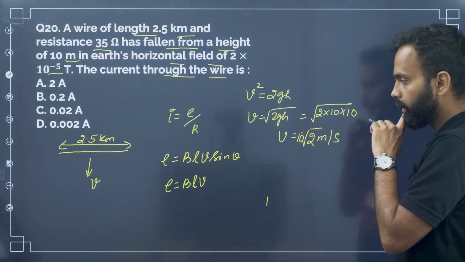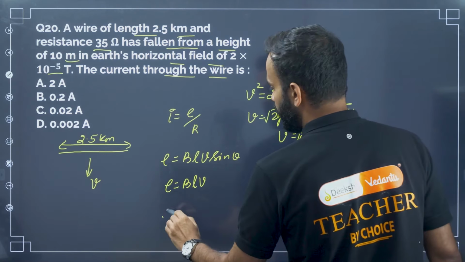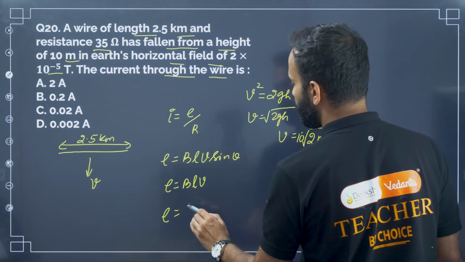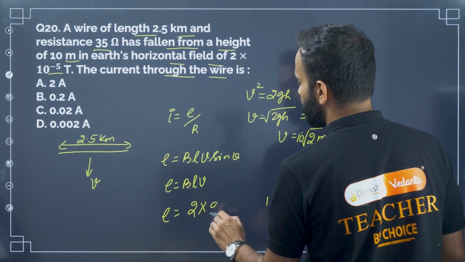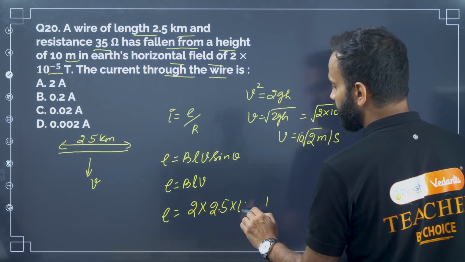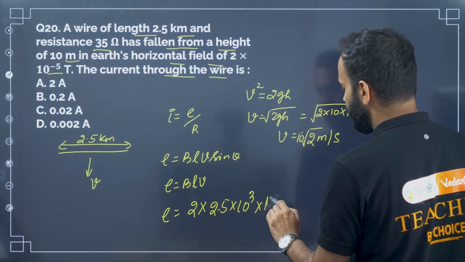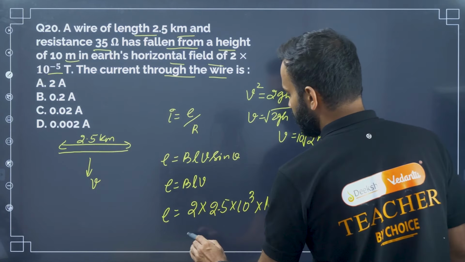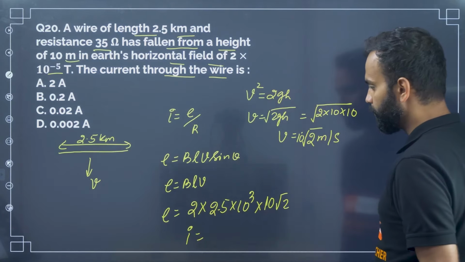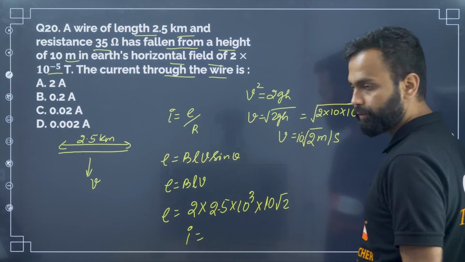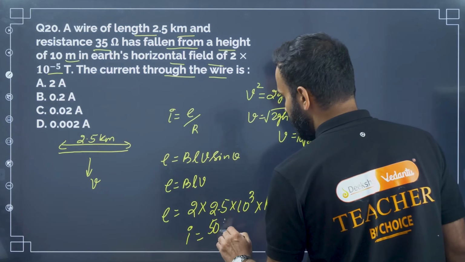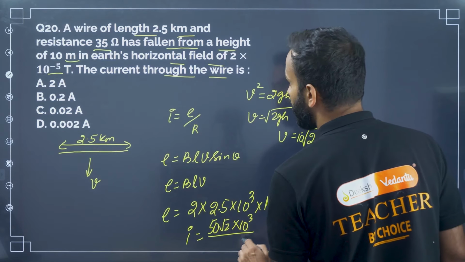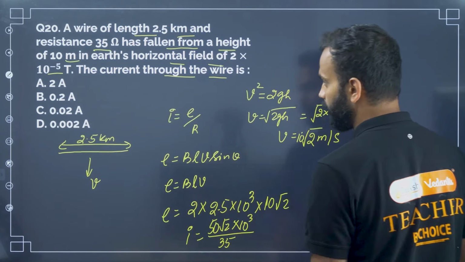Now E equals B, here B is 2 into 10 to the power minus 5, into L is 2.5 into 10 to the power 3, into V is 10 root 2 meter per second. This is E. Then I equals E divided by R: 2.5 into 2 is 5, 5 into 10 is 50, so 50 into root 2 into 10 to the power 3 divided by R, that is 30 pi.